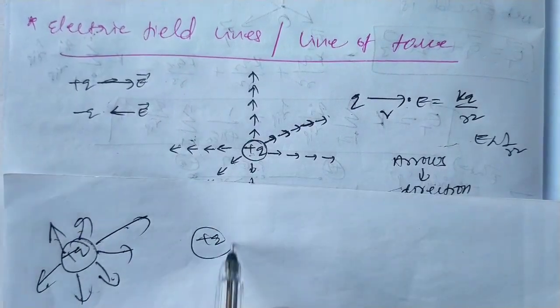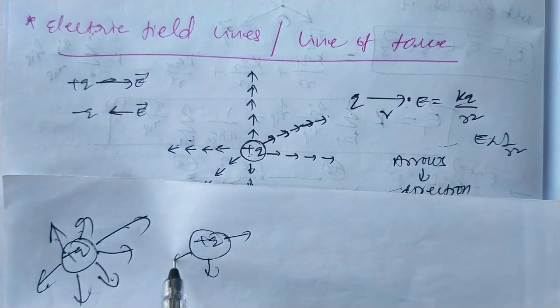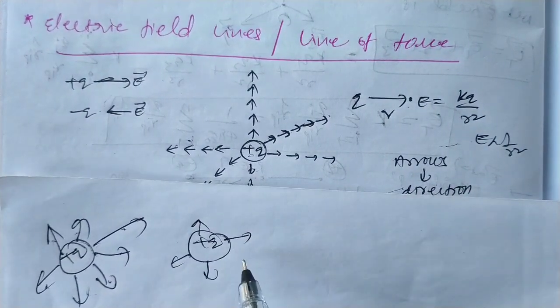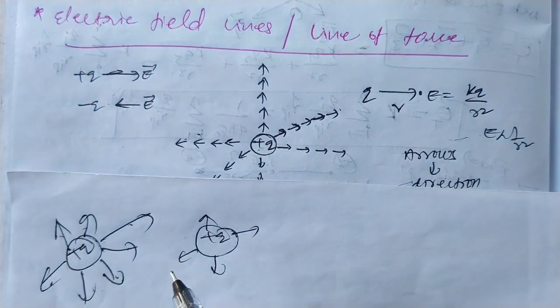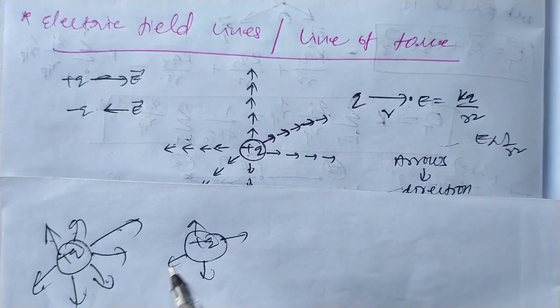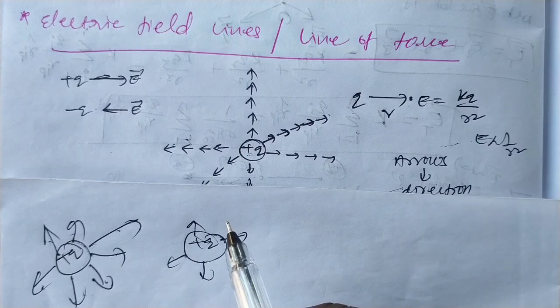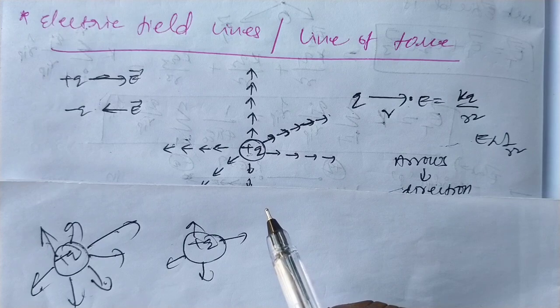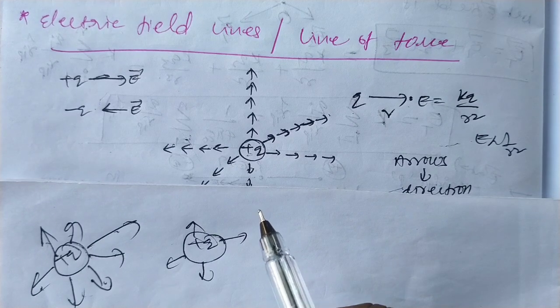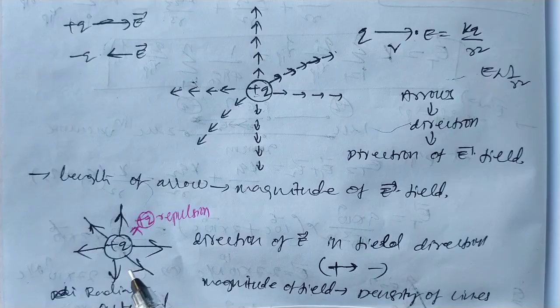Another plus Q charge has only 4 lines. That means the number of lines produced depends on the charge, which shows the electric field strength. The strength of the electric field is nothing but the intensity of the electric field.